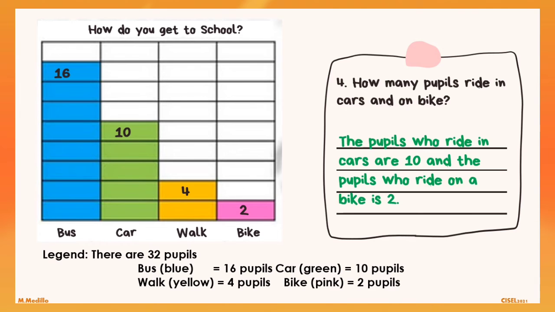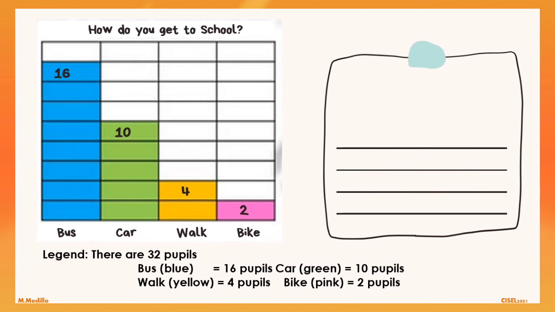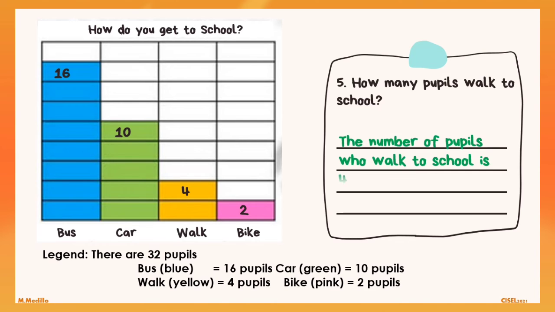Excellent! The pupils who ride in cars are 10 and the pupils who ride on bikes is 2. Number 5. How many pupils walk to school? Perfect! The number of pupils who walk to school is 4.